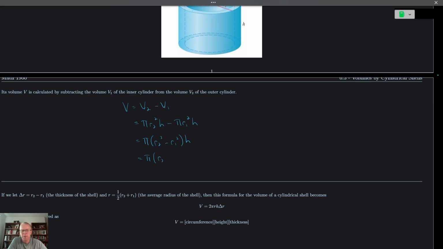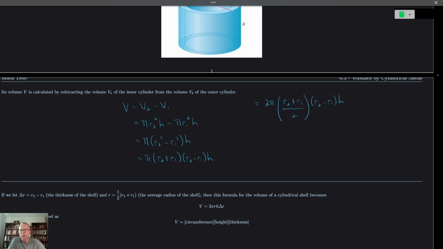Pi times R2 plus R1 times R2 minus R1 times h. And then we're going to do a little trick here where we multiply the top of this by 2 and then divide by 2. So we're not changing anything. We're just rewriting this in a new way. So we get 2 pi times R2 plus R1 over 2 times R2 minus R1 times h.